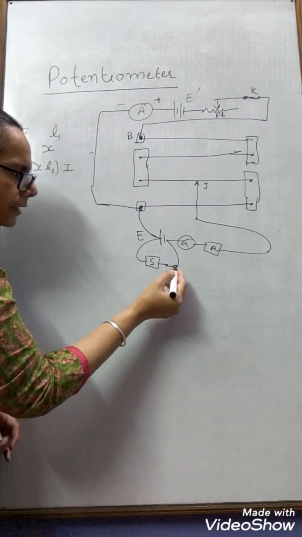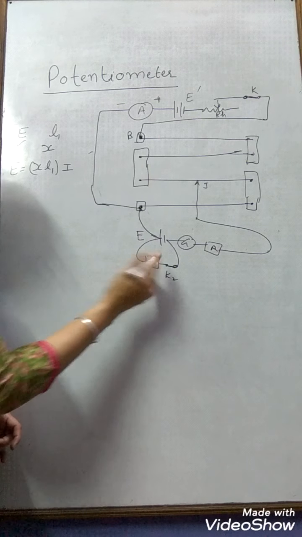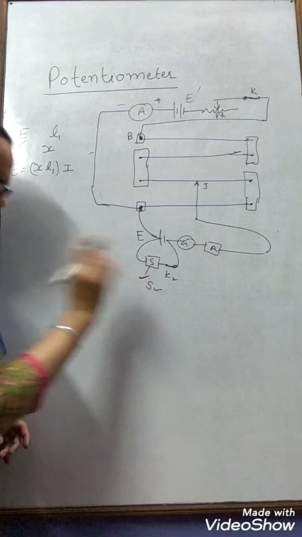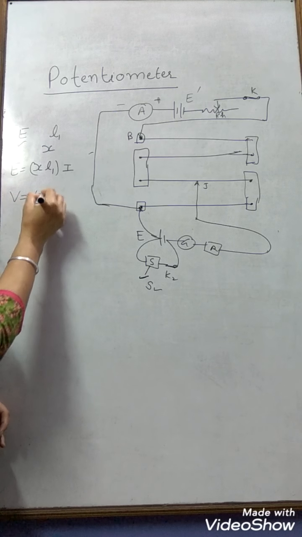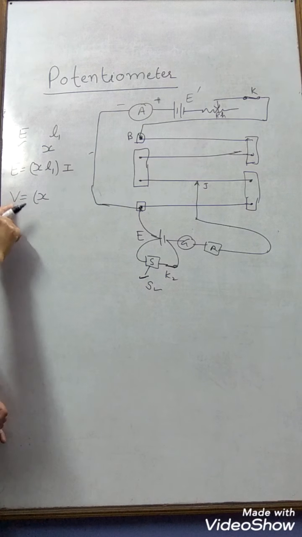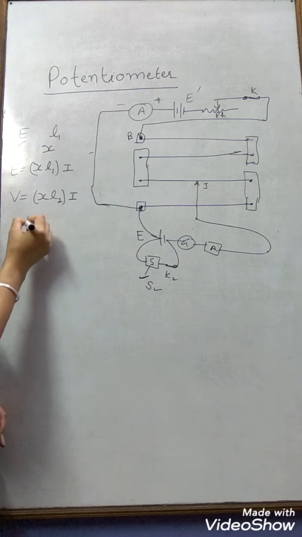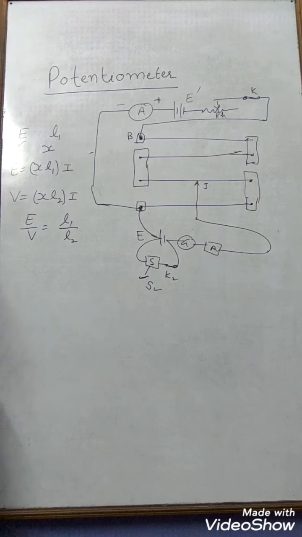Now put the plug in this. Take the cell in the circuit and apply the first value here, any suitable value. Let it be S. Again find the balancing length. That balances the terminal voltage or potential difference, XL2I. Divide this, and we have L2 upon L1.